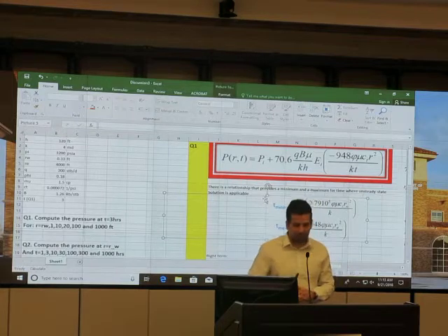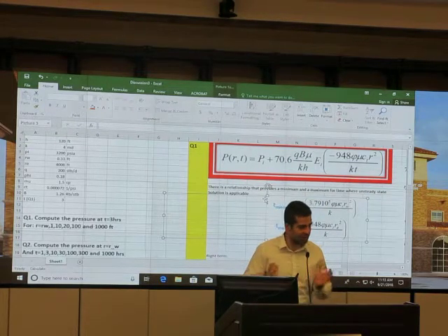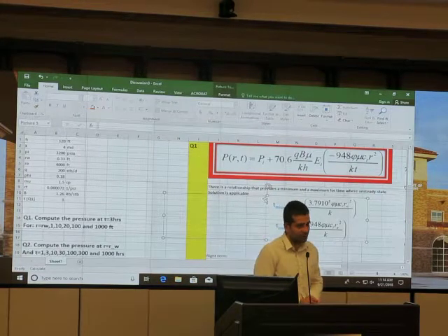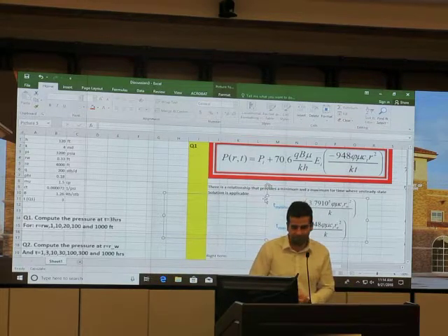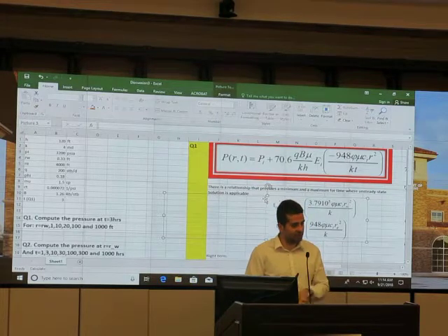I'm giving you an estimation that if your time is within these two values, most probably you are in your transient zone. So before T minimum is reservoir storage, and after T max is your semi-steady state.